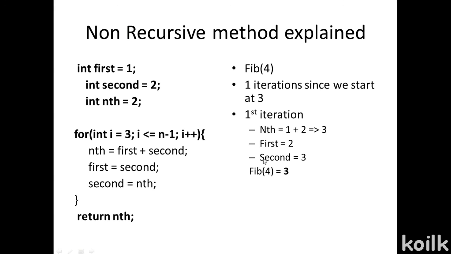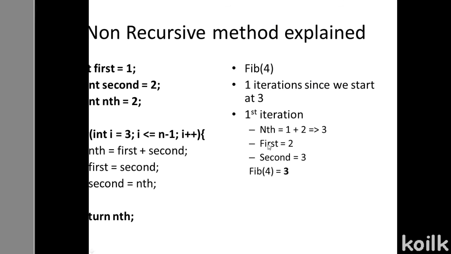Now the first is going to be set equal to 2, and the second is going to be set equal to nth, which is 3. And fib of 4 will be equal to nth. Then we're returning nth, which will ultimately be 3. And if you were to enter in another number, let's say 5, you would have to loop through this twice instead of only once.